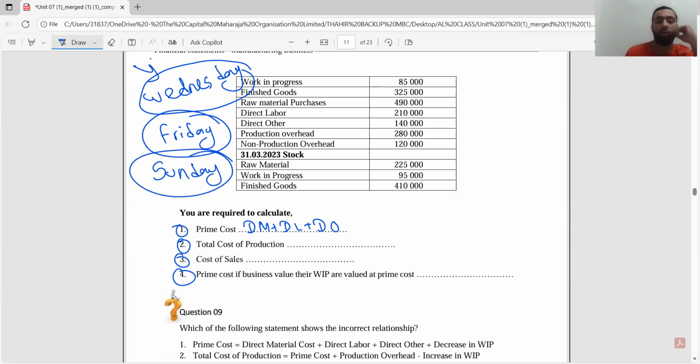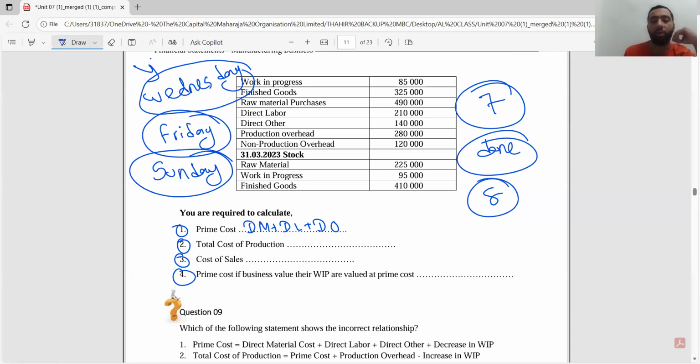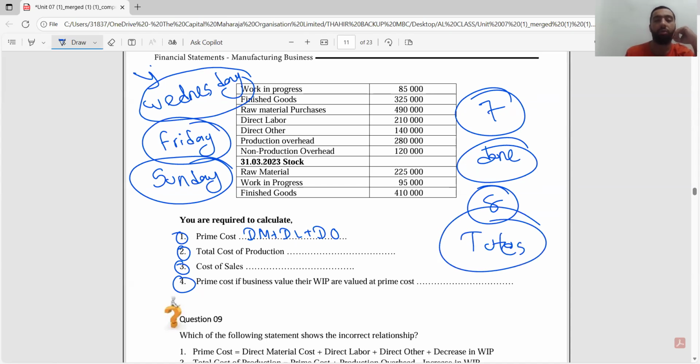So next class we are finishing this tute. Unit number 7 is also done. You'll be starting with unit 8. I have to send you the tutes. So students, all the best. In our next class, let's start from this. All the best.